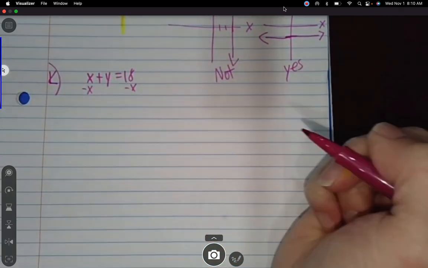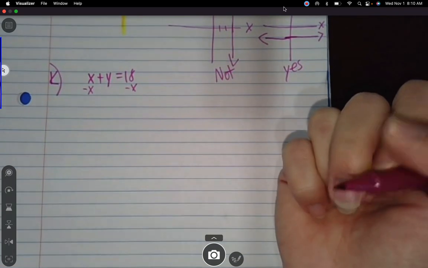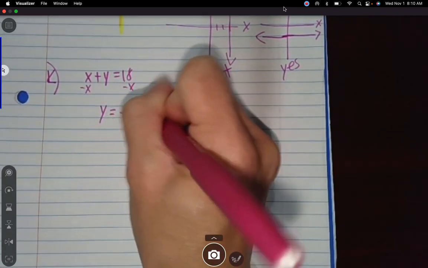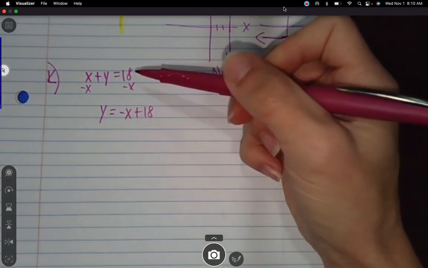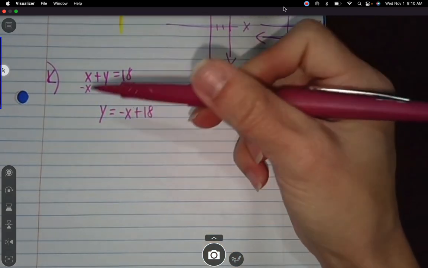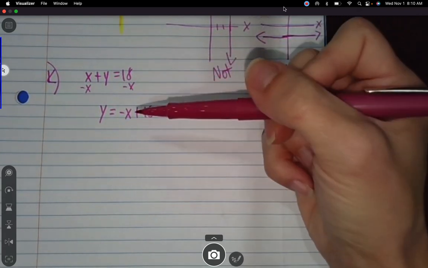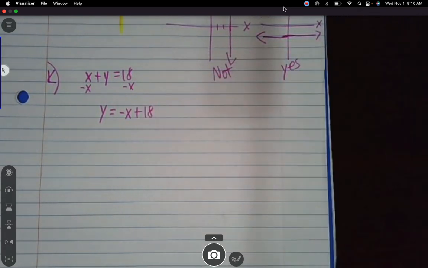This is letter K on your project. So y equals negative x plus 18, or you could have done 18 minus x. So this is what K says. Do y'all remember how to graph? What if you have a graphing calculator? Do y'all know how to graph that?